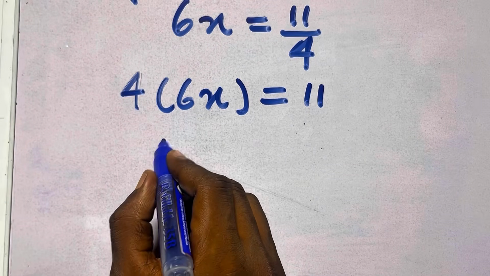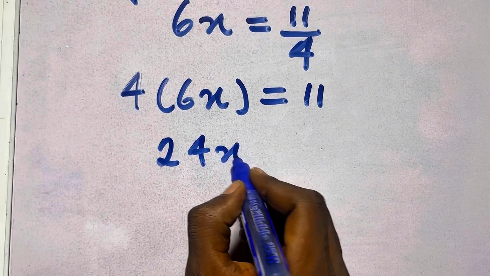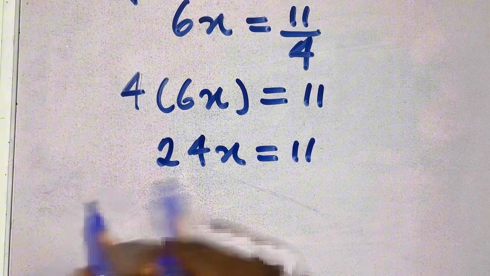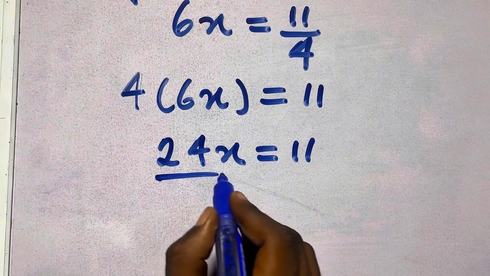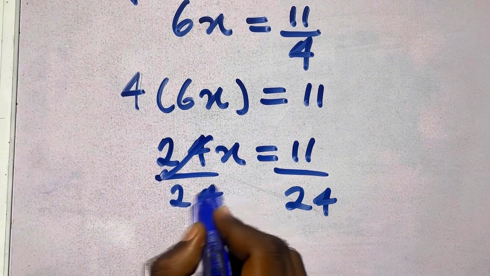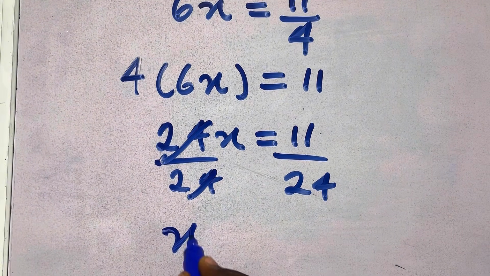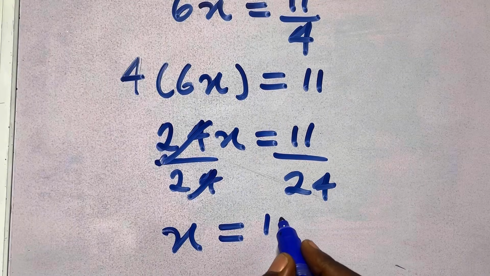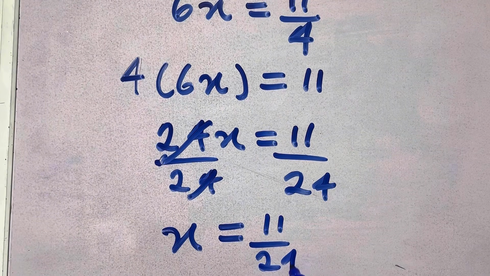If we multiply this, we have 24x equals 11. So we can divide both sides by 24, and this cancels out. Therefore, our value of x is equal to 11 divided by 24.